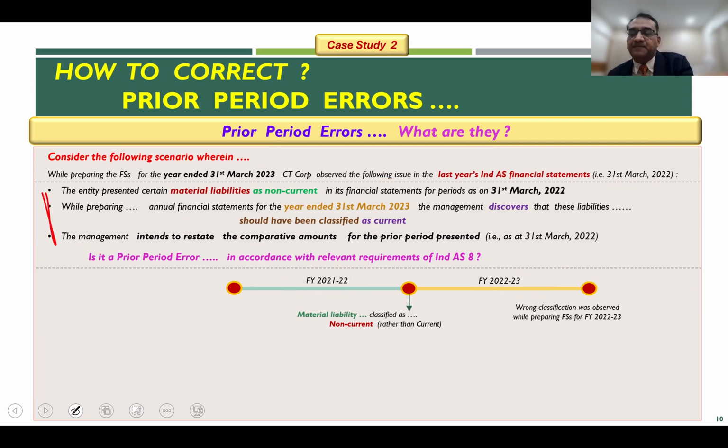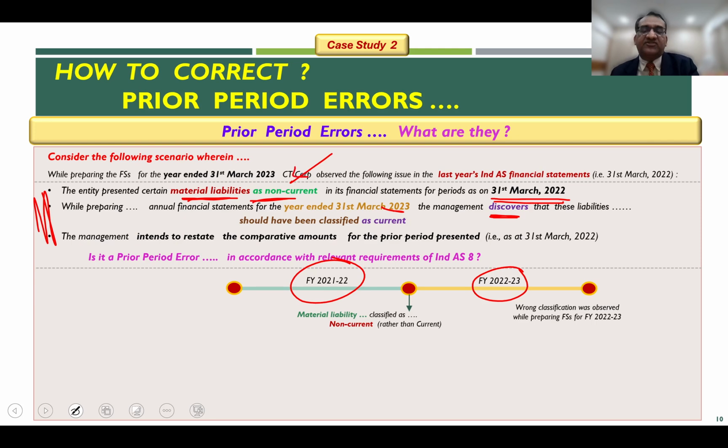Let's see here. In the 21-22 financial statements, the entity presented certain material liabilities as non-current. While preparing the annual financial statements for the next year, 22-23, the management discovers that these liabilities, which were shown last year as non-current, should have been classified as current.